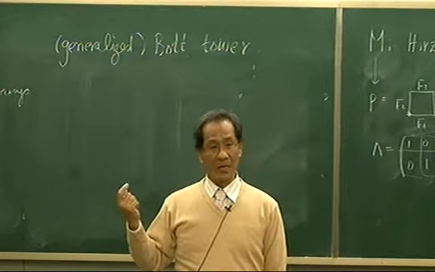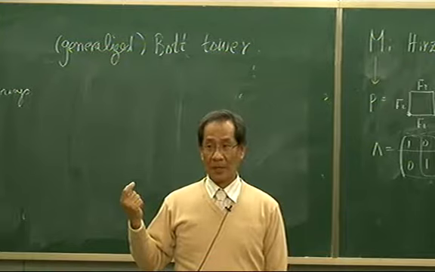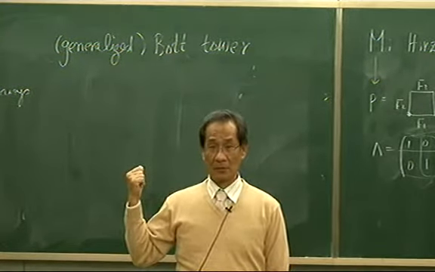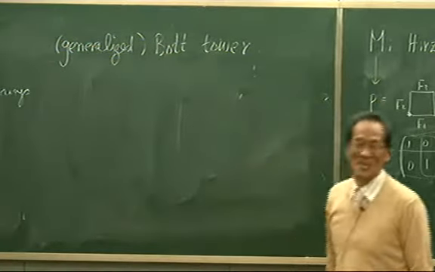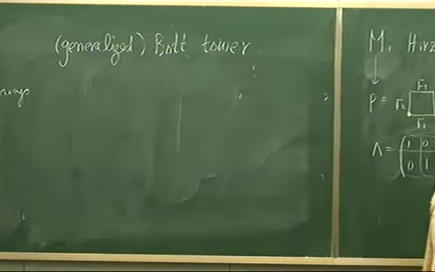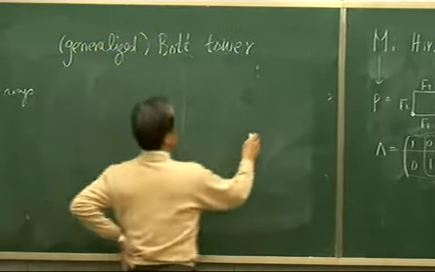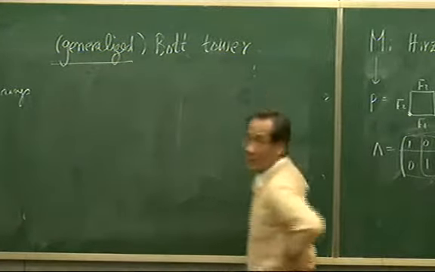And then Kaveh and Grossberg wrote the paper and named it Bott tower. What happened to Samelson? Probably Bott is more famous. But anyway, the construction is this. So I'm going to not generalize, but just Bott tower.